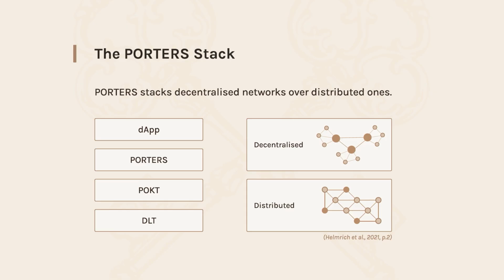On the left hand side, we have a rough stack. The Portis dApps sit somewhere in between. Then you have a dApp that you build, and you have Portis where you can configure your RPC endpoints.